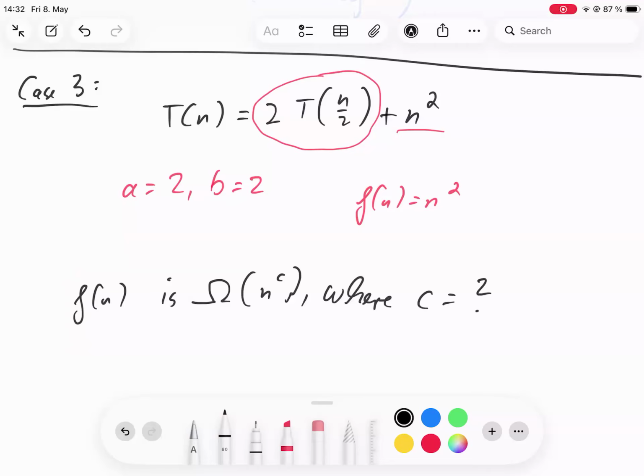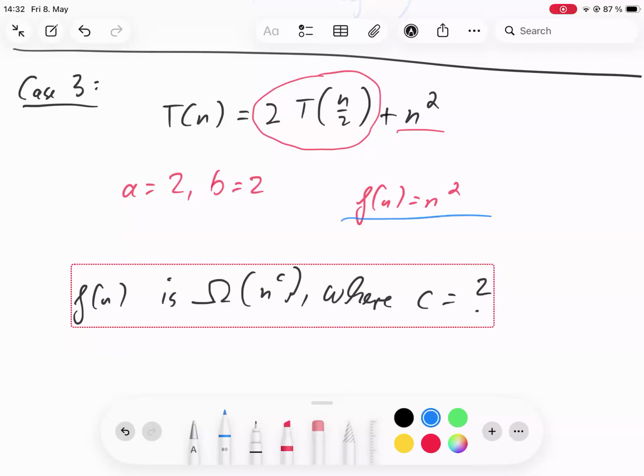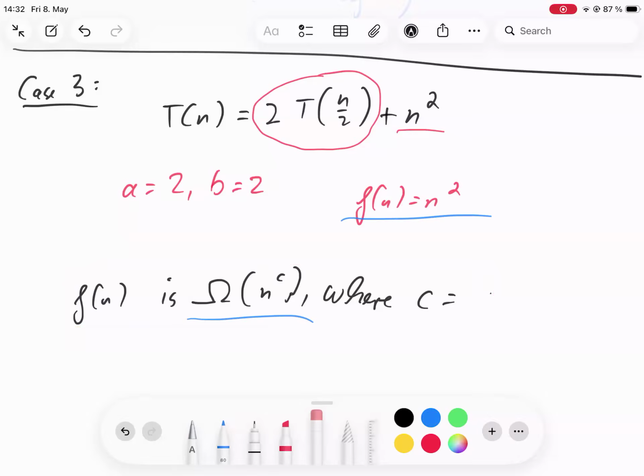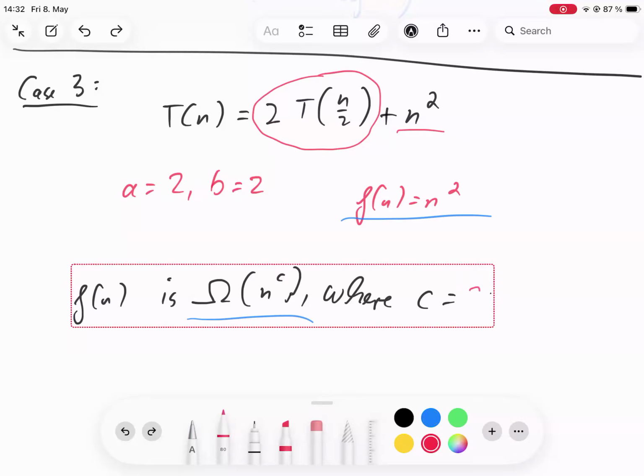I'm waiting for your response in the chat. What would be a reasonable c to show that this f of n has a lower bound of n to the power of c? Already got a few good answers here in the chat. It's actually fairly easy. So this works where c is 2.